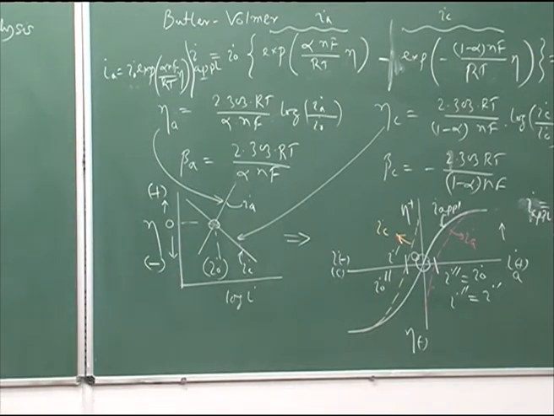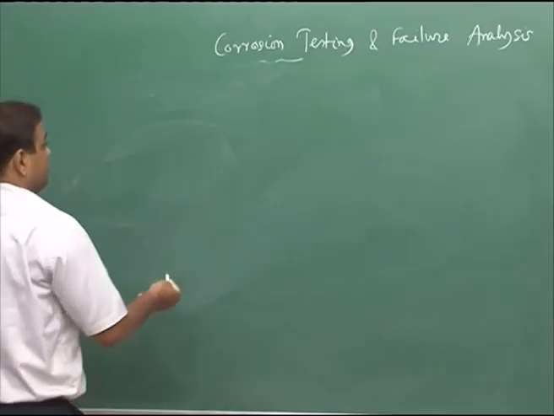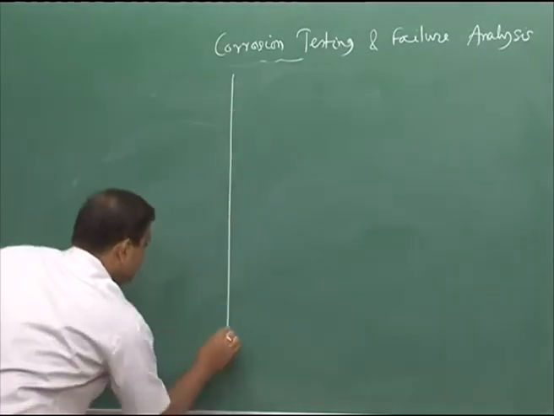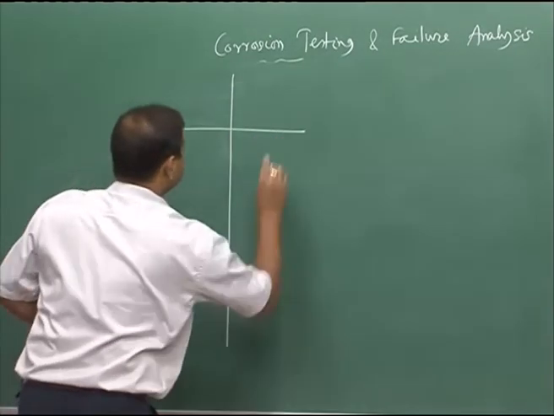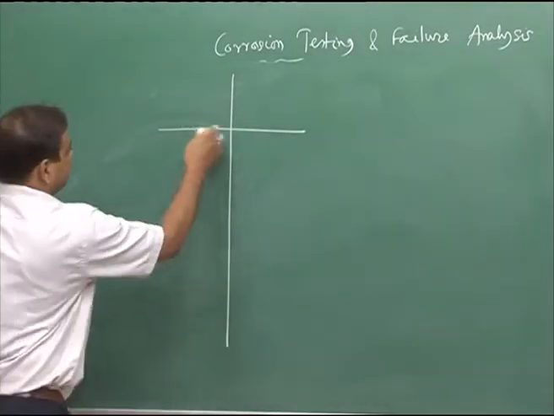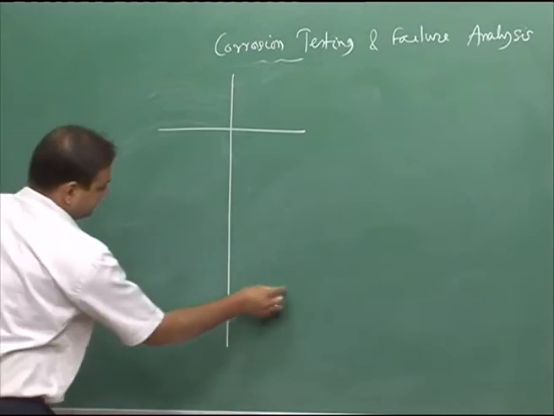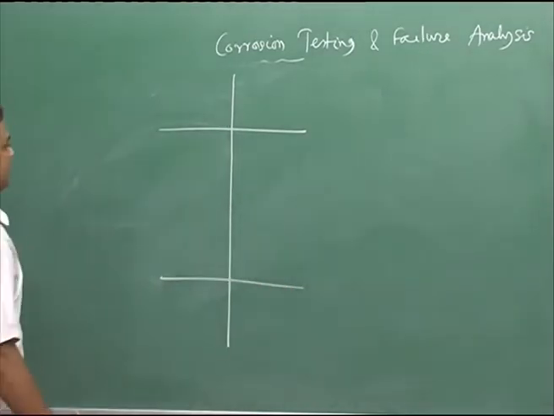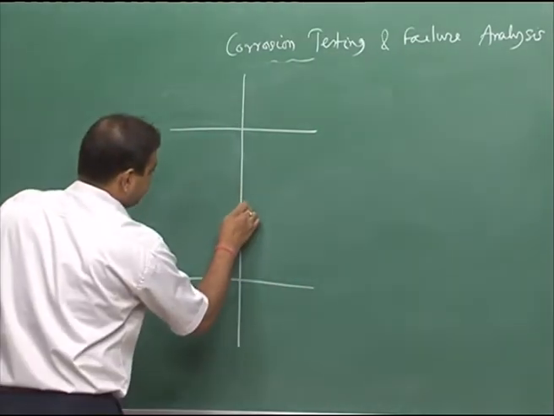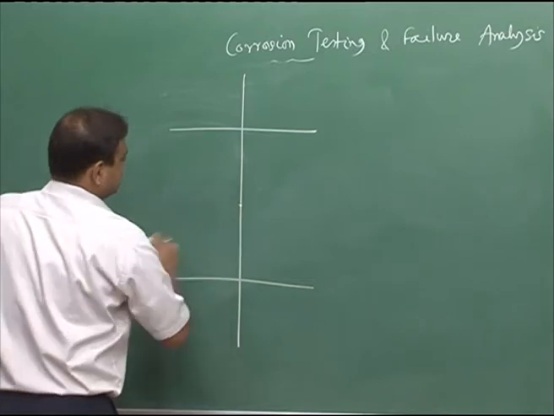If we plot the cathodic and anodic polarization with respect to potential versus current density, then we can get to the linear polarization part. This is my cathodic side, this is my anodic side, and let us say my corrosion potential is this.